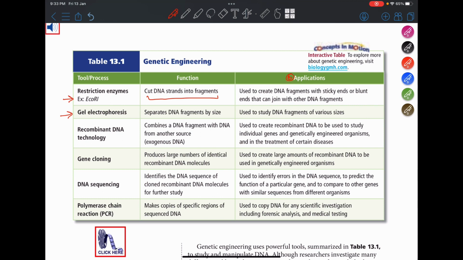It can be used to create DNA fragments with sticky ends or blunt ends that can join to other DNA fragments. So it's very important to know that both sticky ends and blunt ends can be joined with other DNA fragments. The difference is the sticky ends have single-stranded DNA, right?